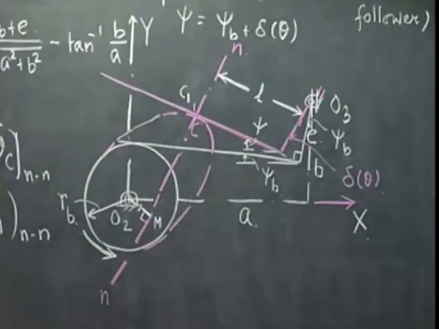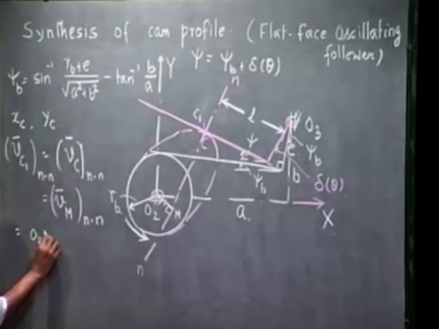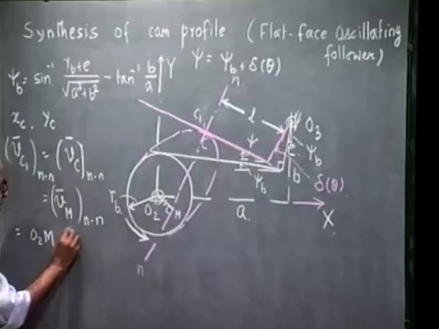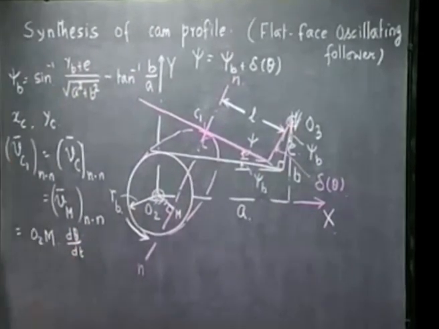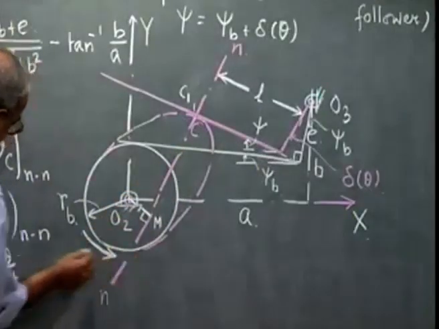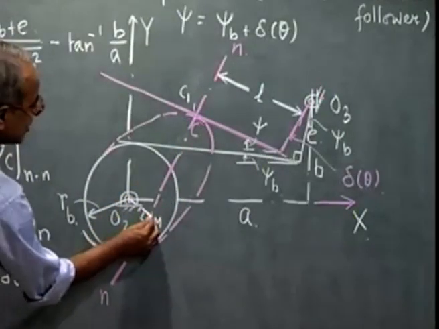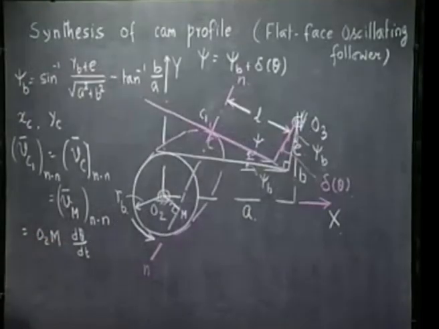So, I can write this as O2M into the angular velocity of the cam, d theta dt, and that velocity is in this direction. If d theta dt is counterclockwise, the velocity of M along NN is O2M into d theta dt.